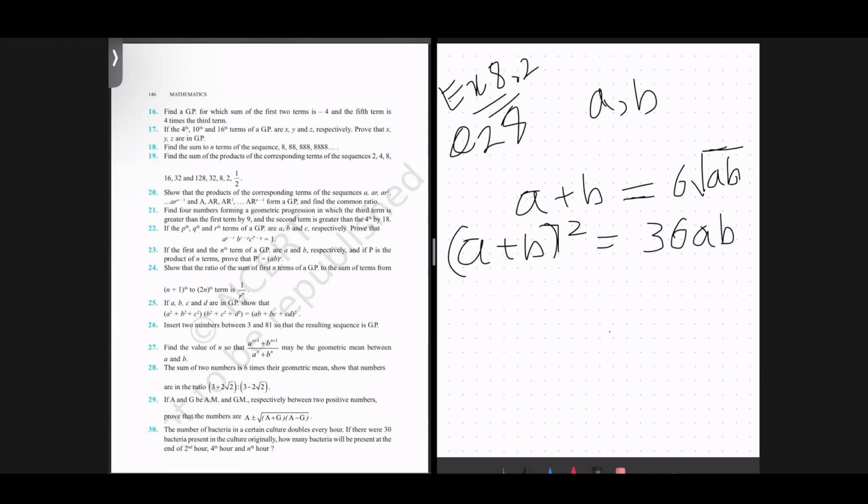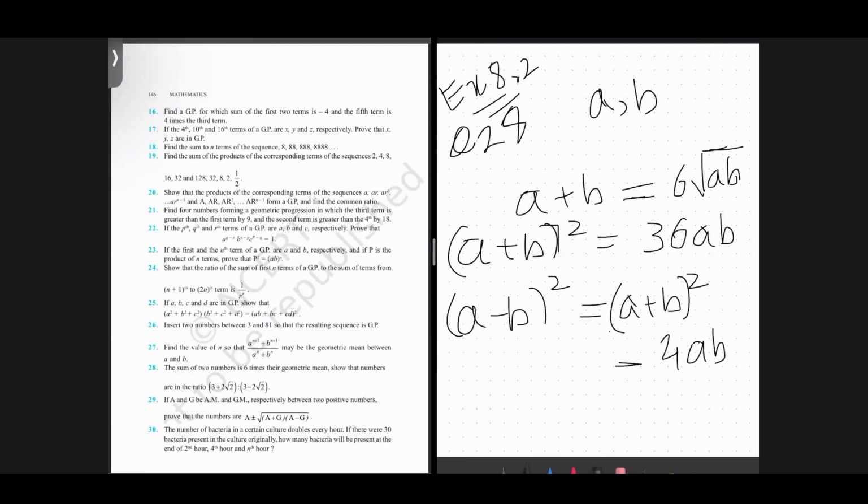I've done nothing but squared up both sides. So what would a minus b whole square become? A minus b whole square in general is going to be a plus b whole square minus 4ab, correct? Why would this be? Because when you expand a minus b whole square, you get a square minus 2ab plus b square, and that is 4ab less than a plus b the whole square.